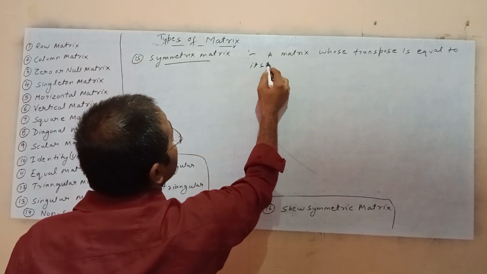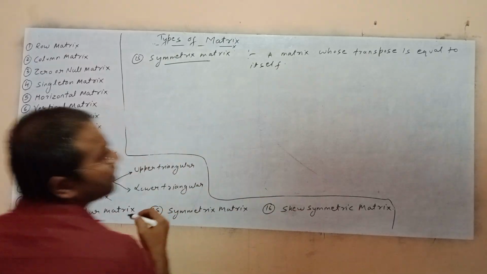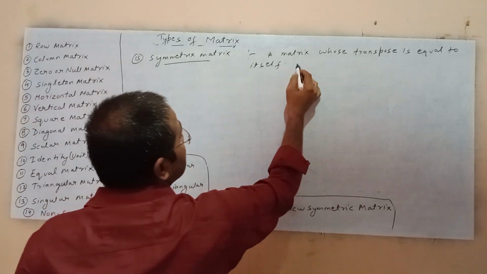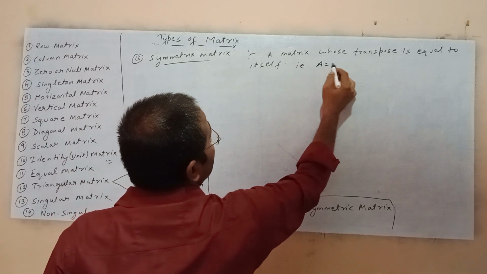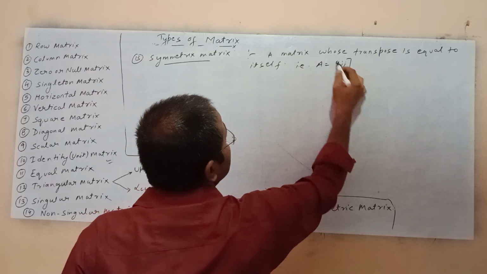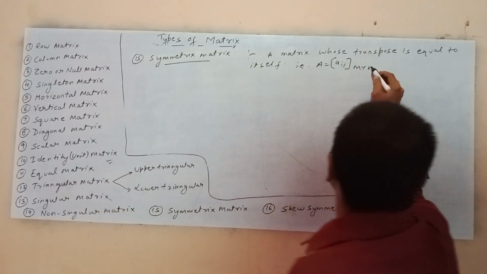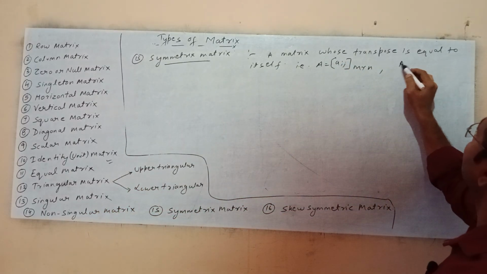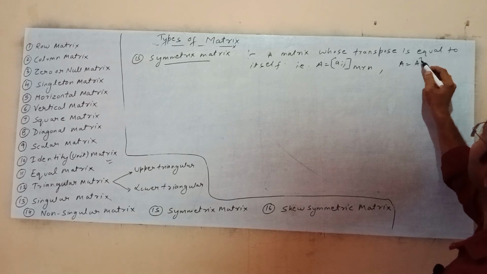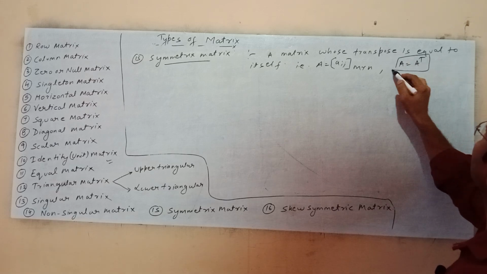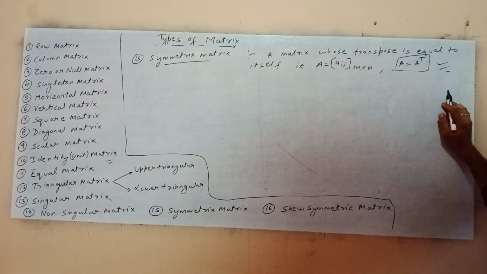Suppose A is equal to Aij, of order m cross n. So A is equal to transpose of A. This is the condition of a symmetric matrix.